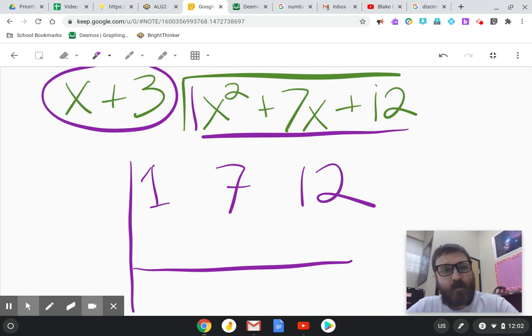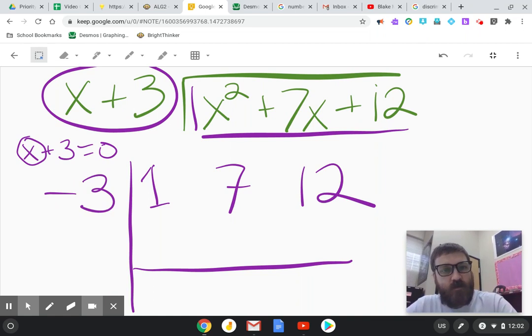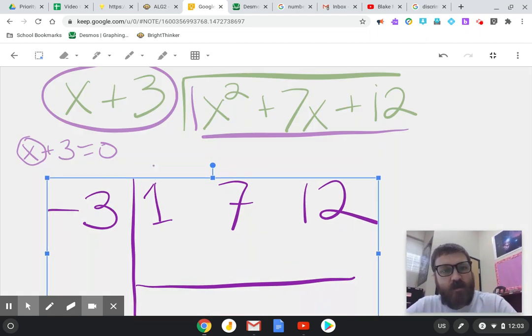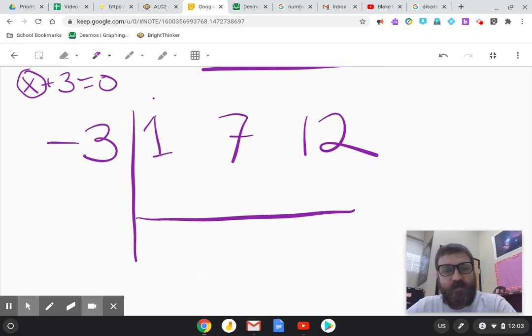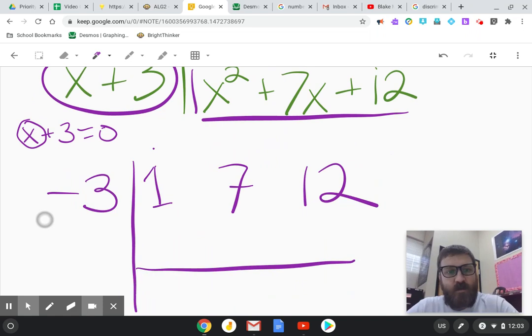And when I say the zero of the divisor, I mean whatever makes x plus 3 equal 0, in this case, negative 3. So negative 3 will go in for x to make this zero. So we're going to write a negative 3 here. That is what we're doing when we set up synthetic division. We're writing the coefficients across this section, and we're writing the zero of the divisor over here.